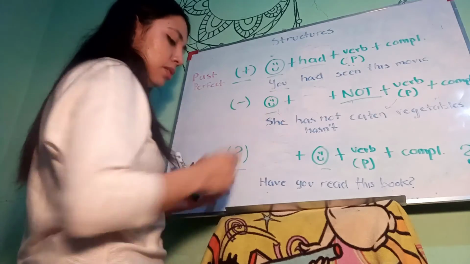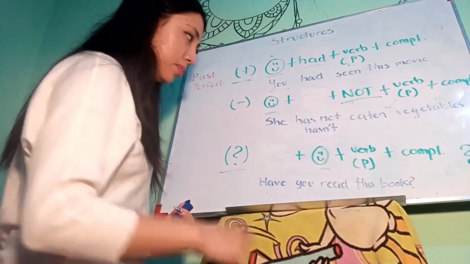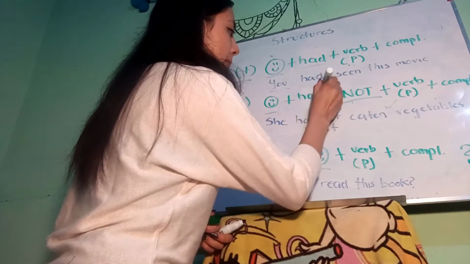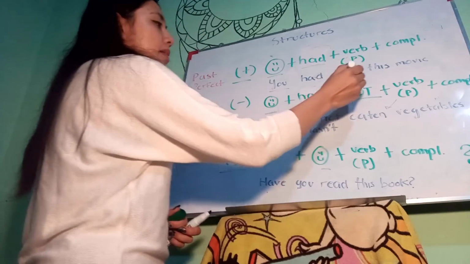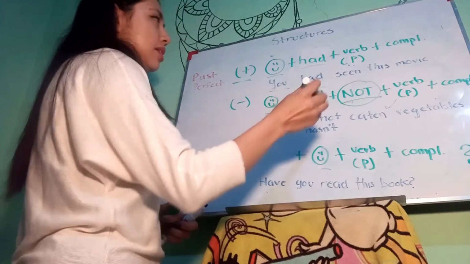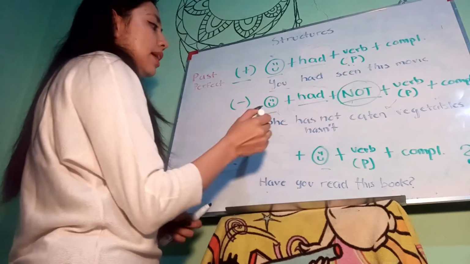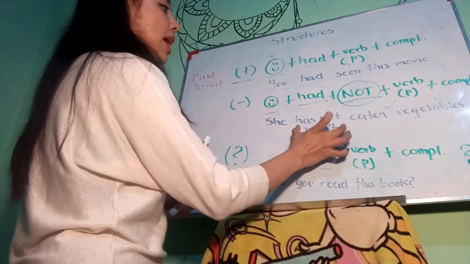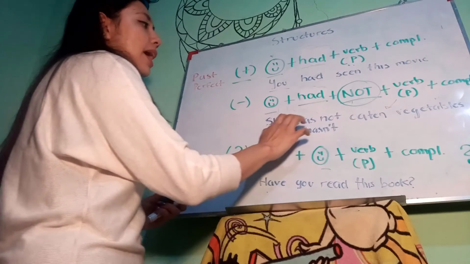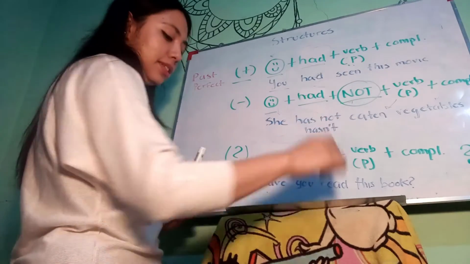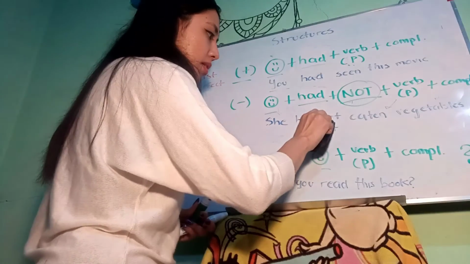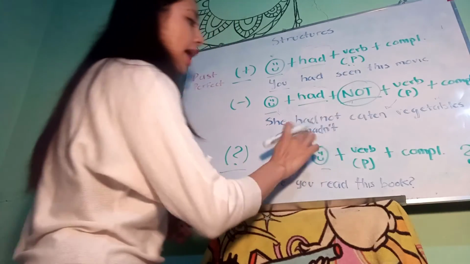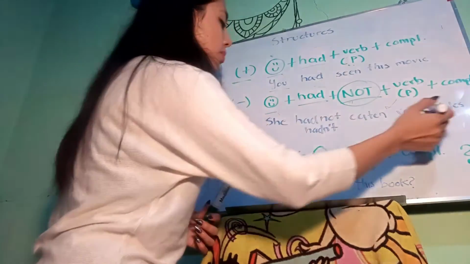I have my subject plus my auxiliary had and my negative form not. So with the previous example, she has not or hasn't in the past, she had not or she hadn't. She had not or she hadn't eaten vegetables.